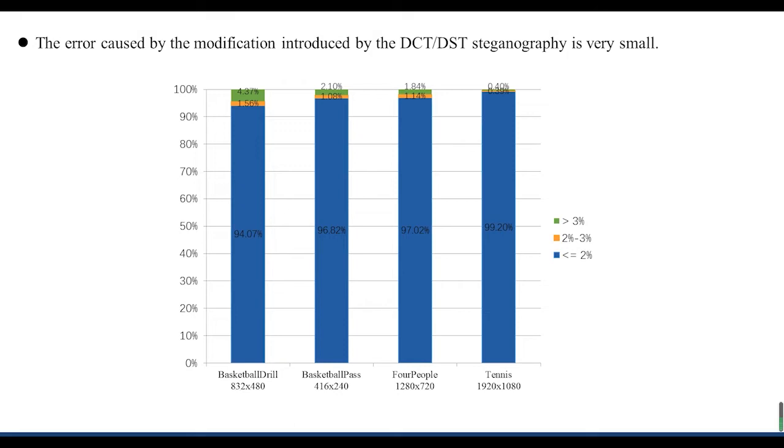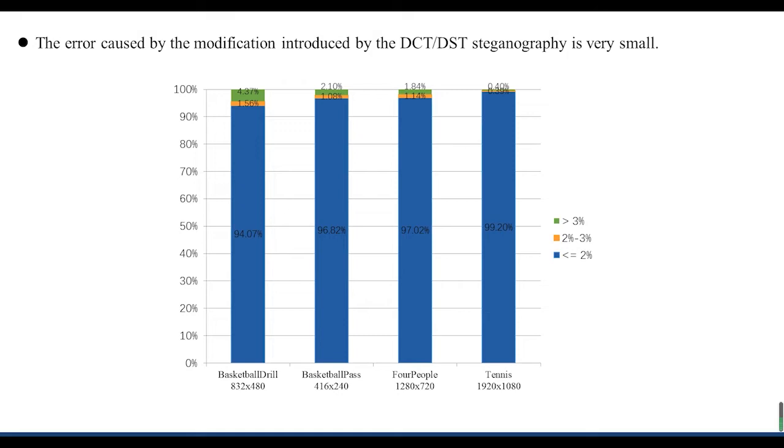The blue bar means the pixel change rate between stego video and cover video is less than 2%. The orange one means the pixel change rate is between 2% and 3%, and the green one means the pixel change rate is greater than 3%.